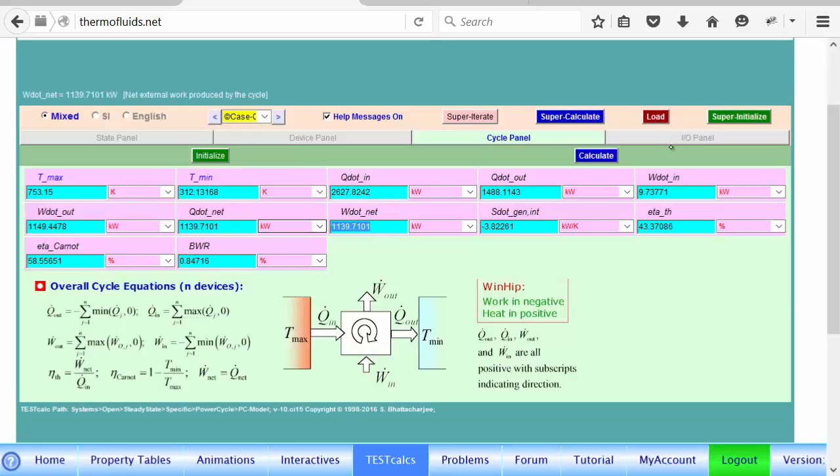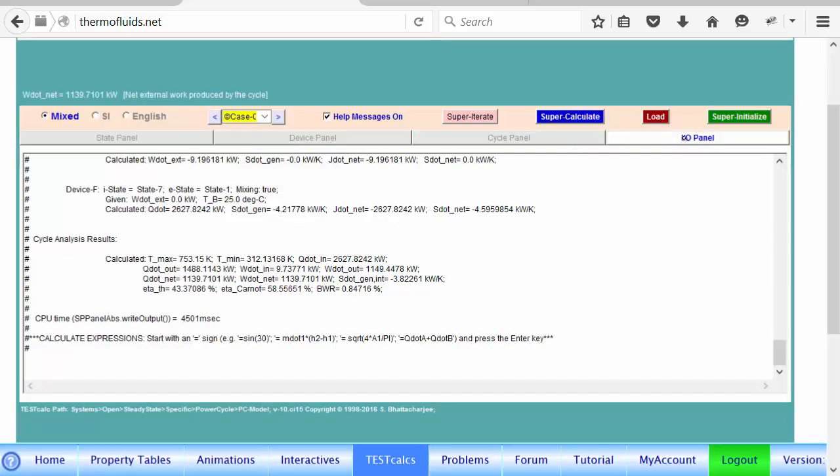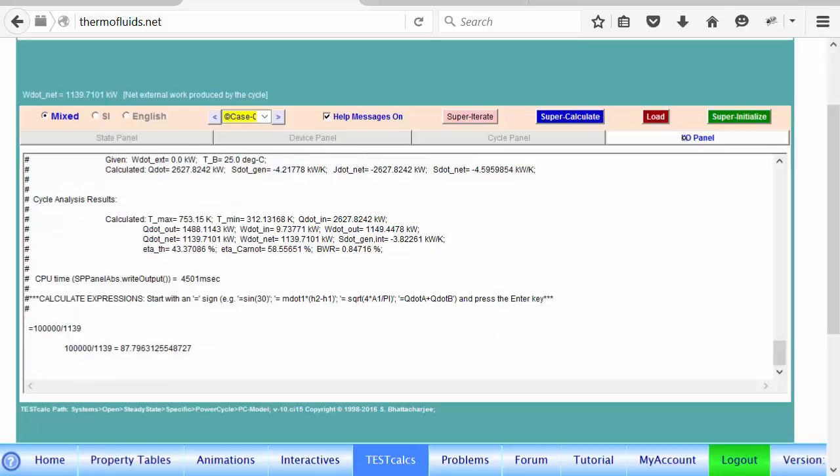So to produce 100 megawatt or 100,000 kilowatt, if 1 kg per second produces an output of 1139, we divide by 1139, which gives a mass flow rate of 87.8 kg per second.